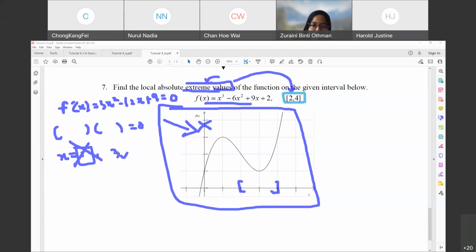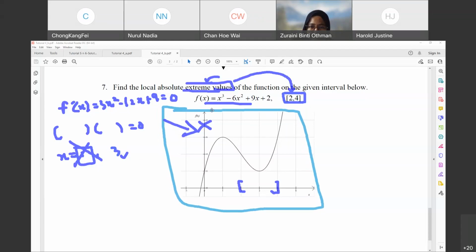Okay. Then kat sini kalau kita nak tahu yang ni 3 ni maksimum ke minimum? Anggapkan kita tak ada gambar rajah ni. Okay, so kita nak cari dia maksimum ke minimum. Cuba cari pembezaan peringkat kedua dia dapat berapa? 3x kuasa 2 akan dapat 6x tolak 12.